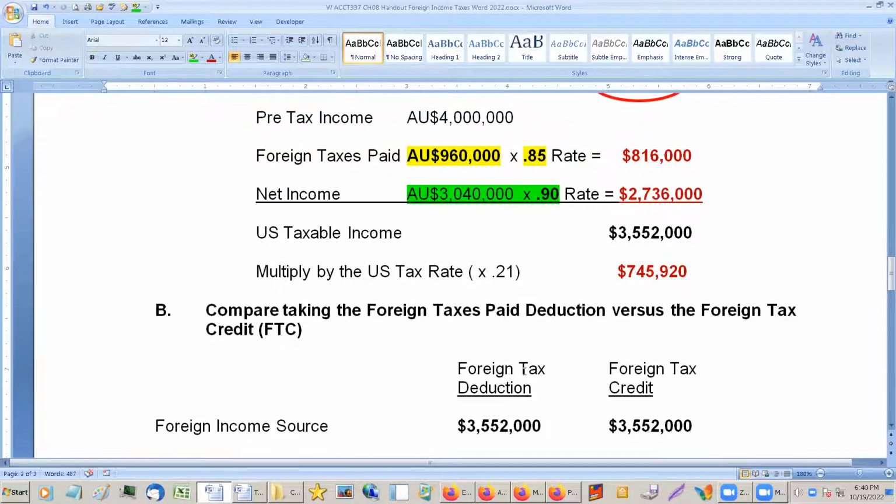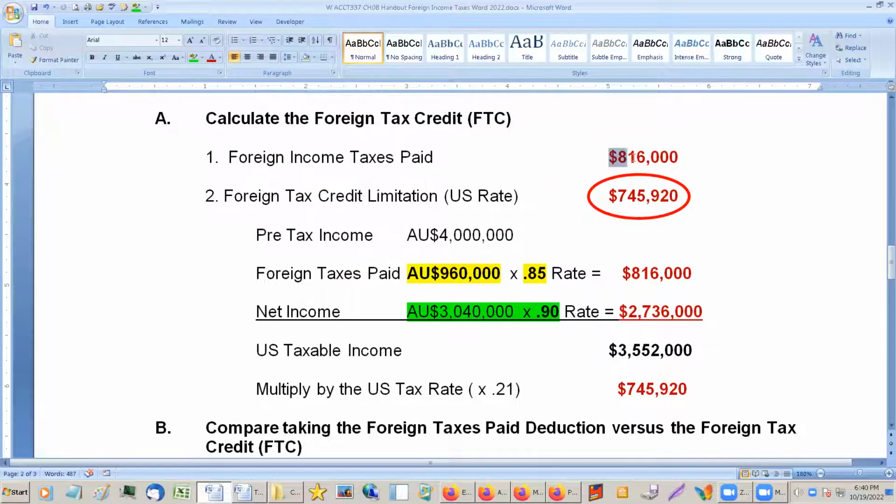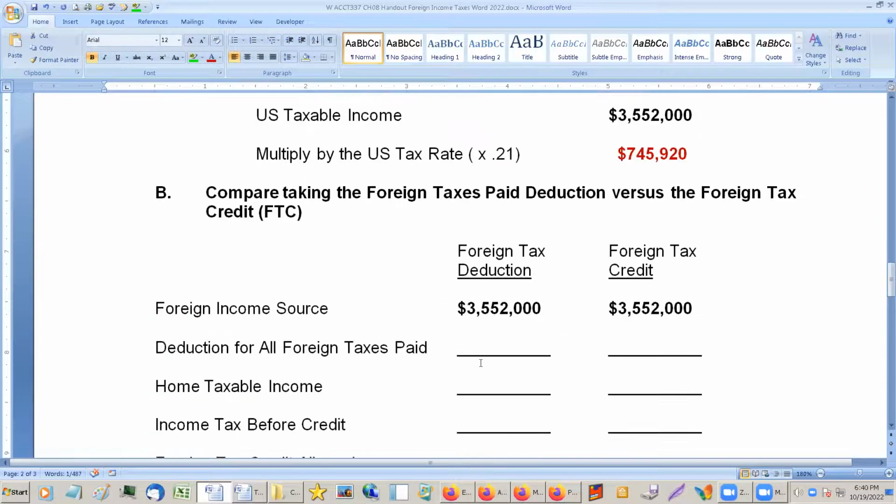Deductions for all foreign taxes. Now we're going to have that 816. That's going to be for all foreign taxes, because again, this is not the tax credit. This is just a deduction for the foreign taxes, and this would just be zero.